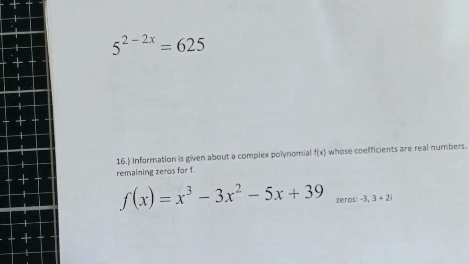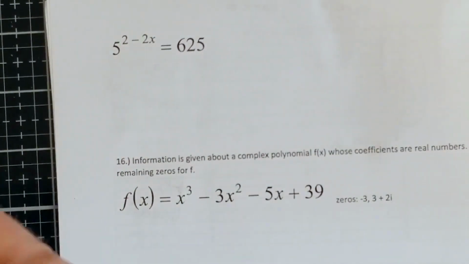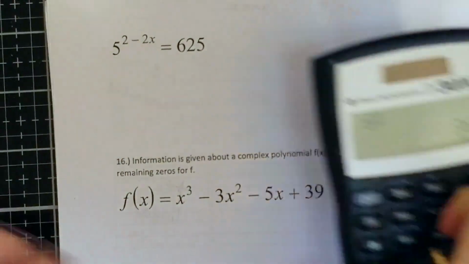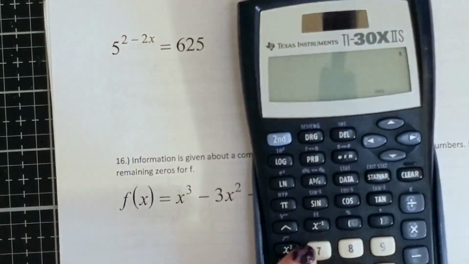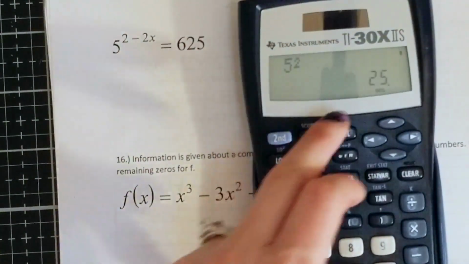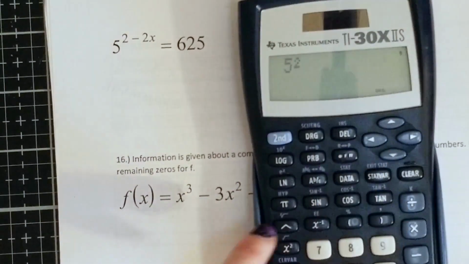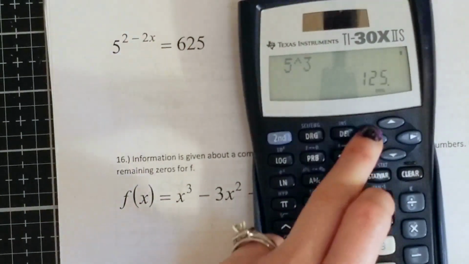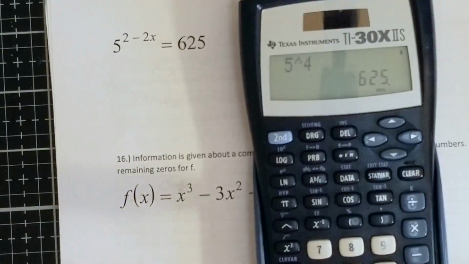Okay, next problem, exact same concept. It just looks more difficult, but it is going to be the exact same thing. So I need to figure out 5 to the what exponent gives me 625. Well, obviously it's not 5 squared because that would be 25. So let's go 5 to the third. And it's not going to be too big of a number.